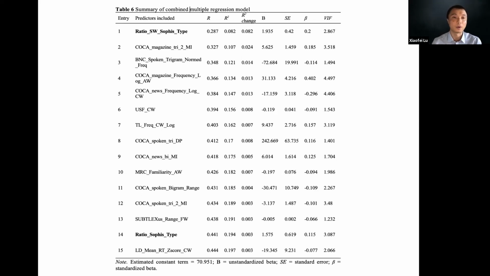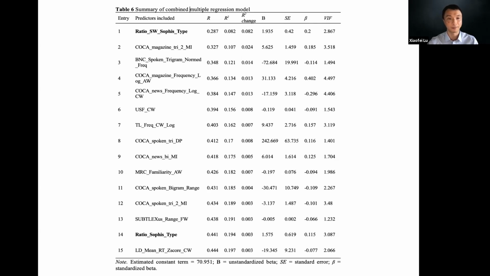So with all the measures entered into the regression model, we found that one of our indices, the root ratio of sophisticated word, sense-aware sophisticated word types, actually contributed the largest amount of variance in this model, right?